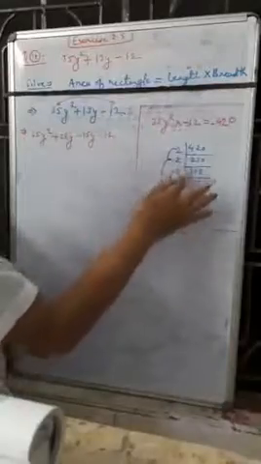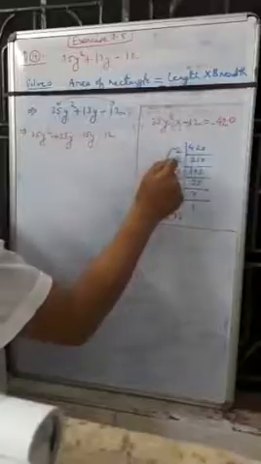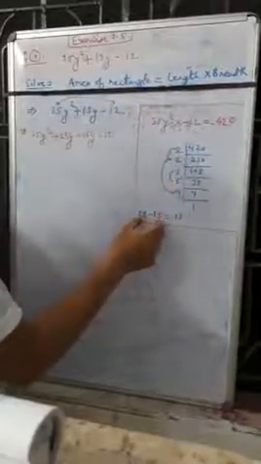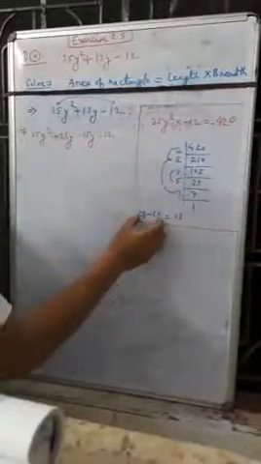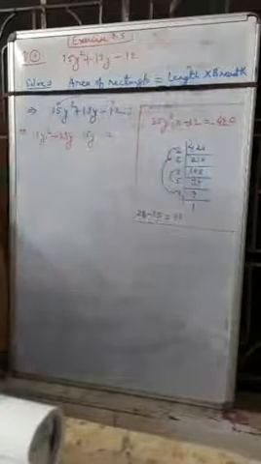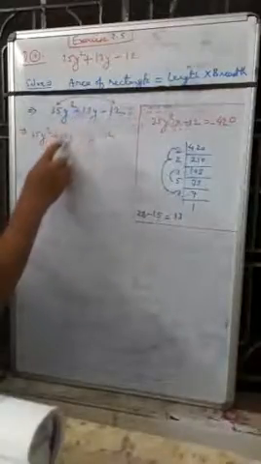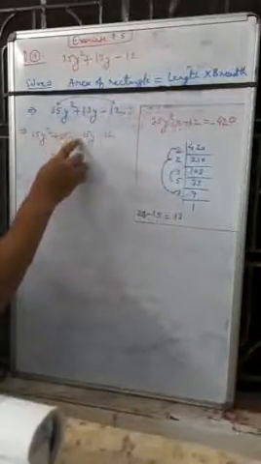Now if we do 5 times 3 is 15, and 7 times 4 is 28. So 28 minus 15 will become 13, and 28 into 15 if you multiply it, definitely you will get minus 420. So we have split the middle term as 13y is equal to plus 28y minus 15y.